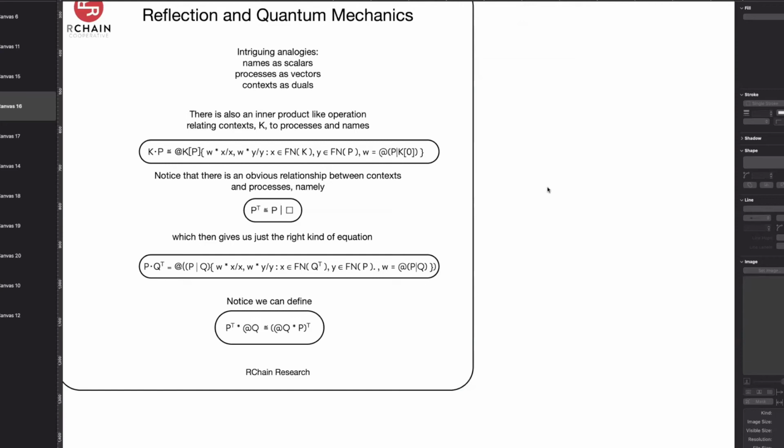And so you can start to get posets and other kinds of topologies. And so then names actually start to make sense as locations. And so an operation like this, which changes the free names, you do get non-local correlations.